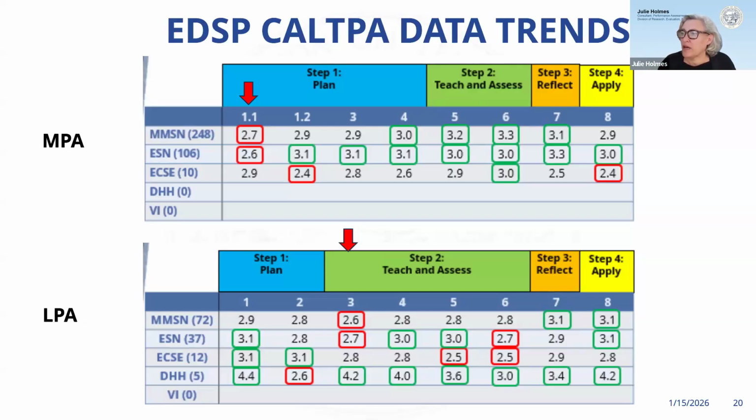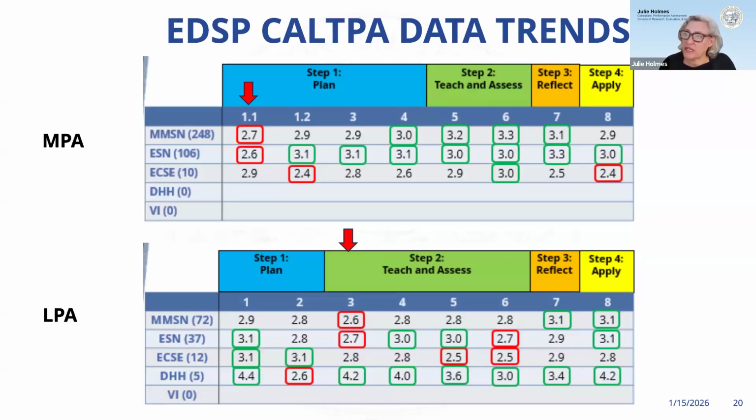So mild moderate, 4 of their rubrics were over 3. 3.0, 3.2, 3. That's great scores. And then the lowest scoring rubric was the very first rubric in planning, a 2.7.